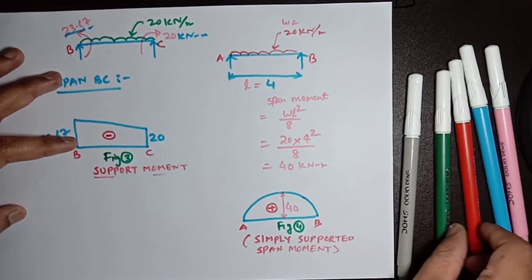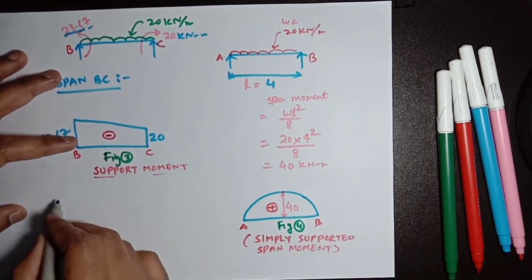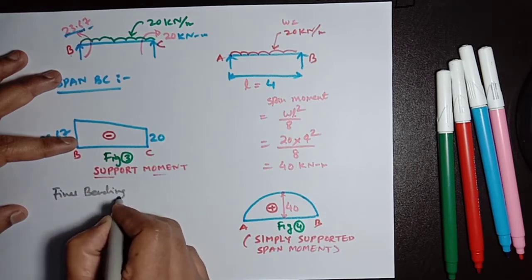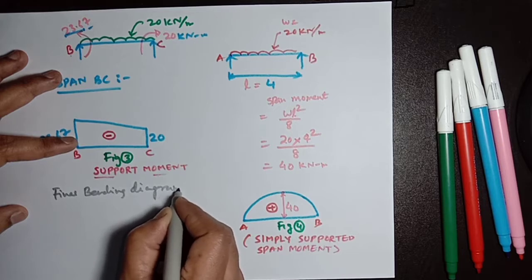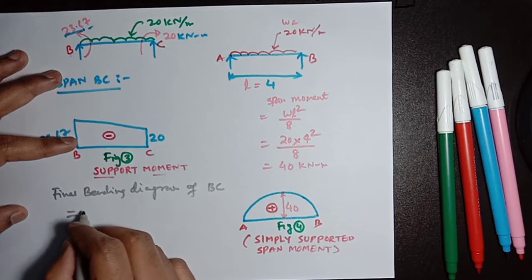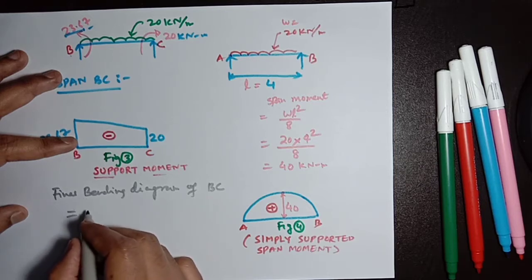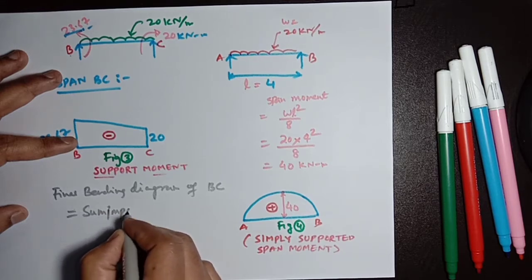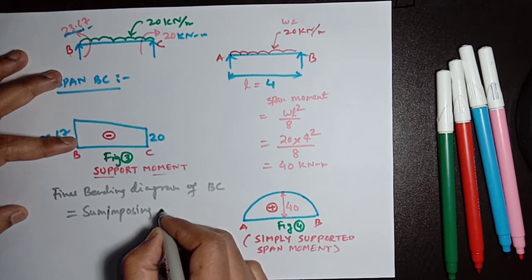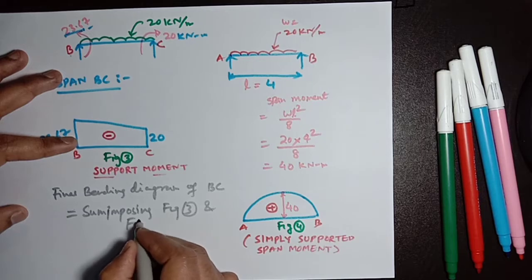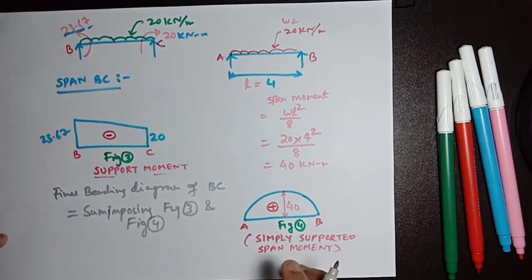So the final bending moment diagram of BC will be superimposing figure 3 and figure 4.